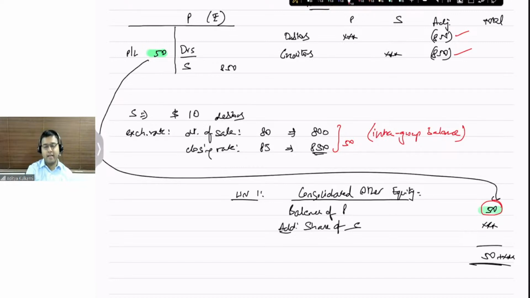Depending on the rate that is prevailing on the date when the subsidiary decides to settle that. That means whether you are intercompany or not doesn't matter. The foreign currency exposure is a totally different exposure which does not get impacted due to intra-group relations. And that is why we are not going to eliminate it.